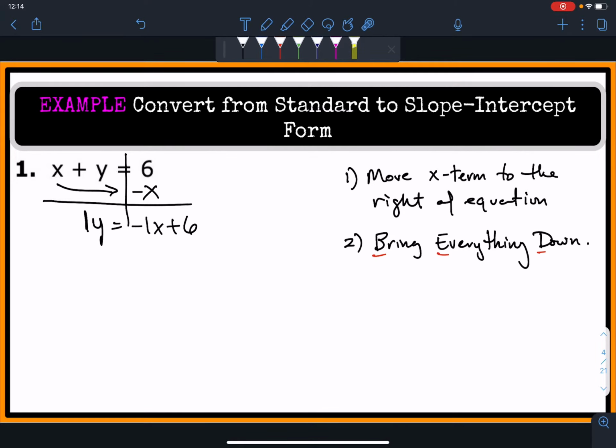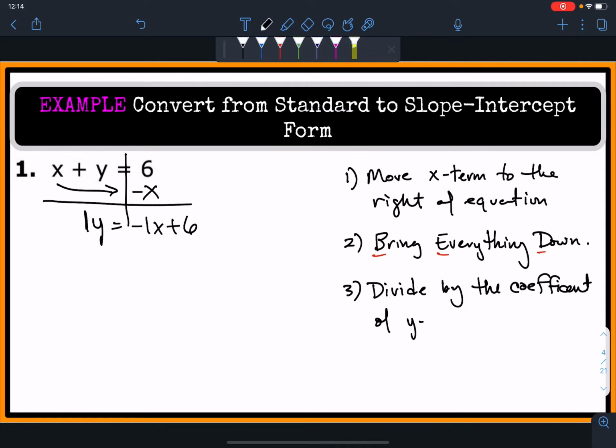And on the right side, we're going to end up with the -1x and the 6. I'm not going to add these together or combine them. And our last step, which in this case is a little redundant and not necessary, is to divide by the coefficient of our y term, our y variable.